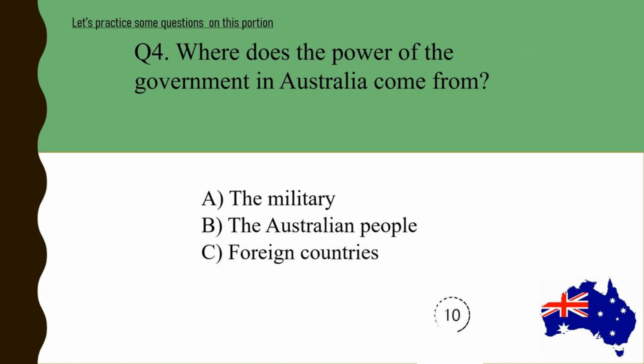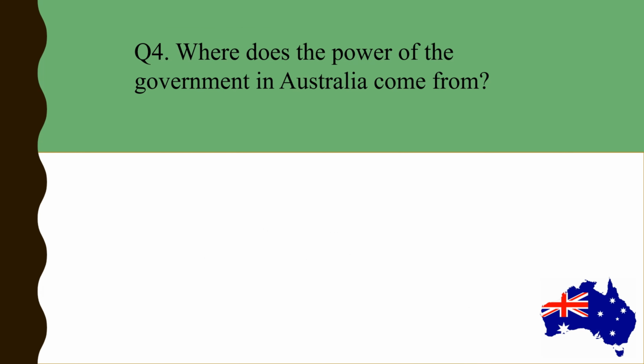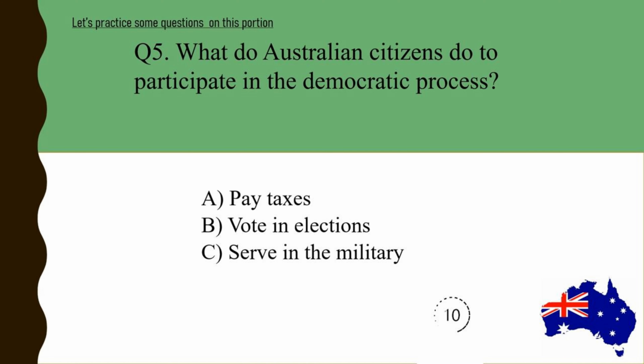Question number 4. Where does the power of the government in Australia come from? Answer is B. Australian people. Question number 5. What do Australian citizens do to participate in the democratic process?